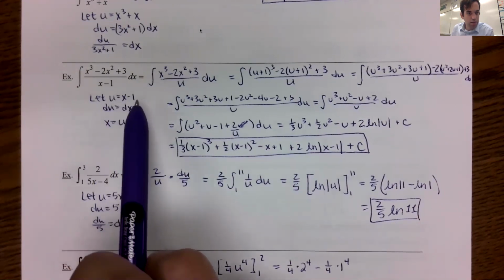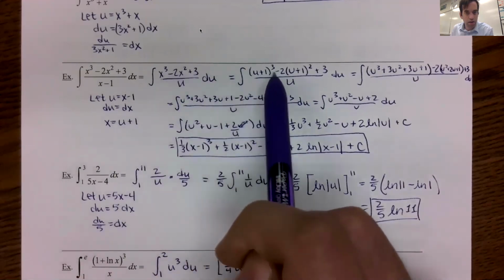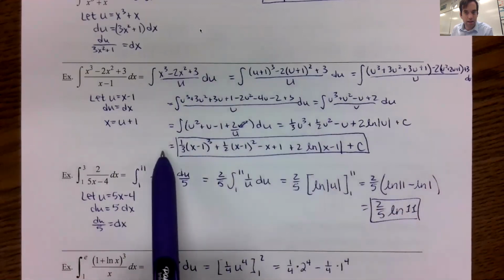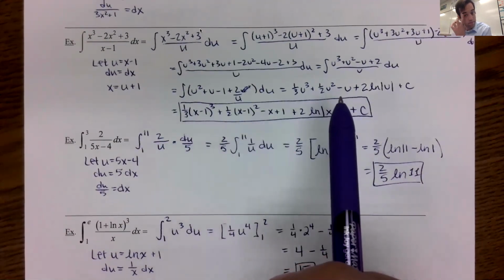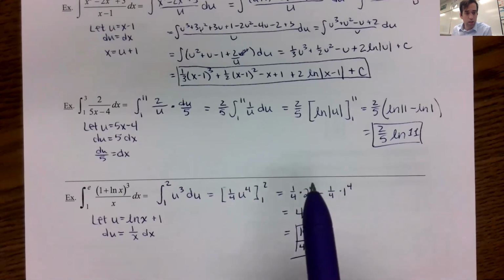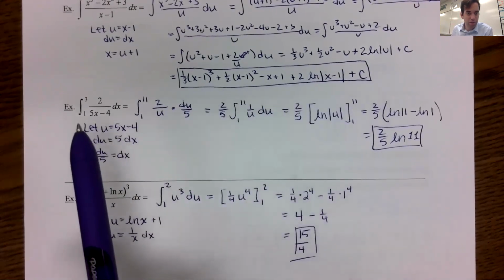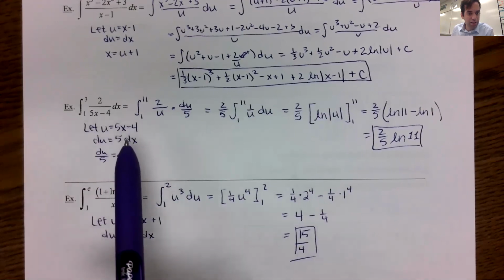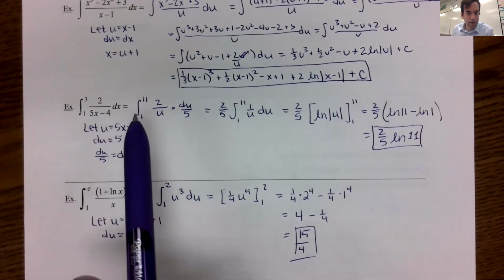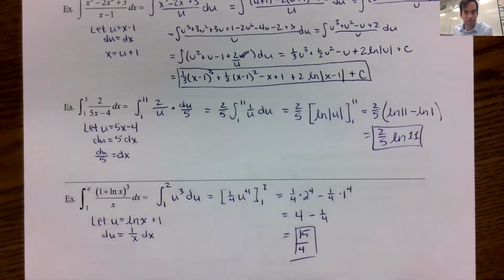So if u equals x minus 1, x equals u plus 1, and you're going to plug u plus 1 in for every x and then solve. And this is what you end up with here. Let me know if you have questions on that, but I'm not going to read through the entire thing. If u is 5x minus 4 in this next example, du is 5 dx, and you end up with 2/5 of natural log of 11.